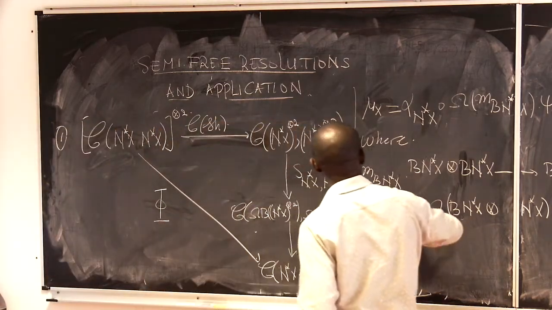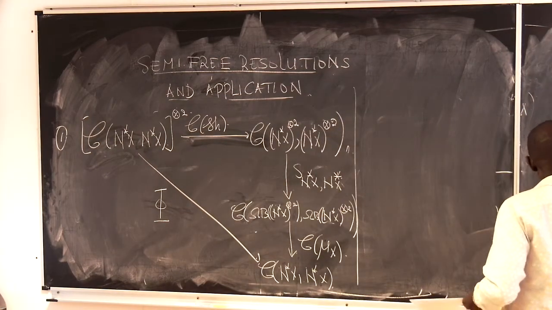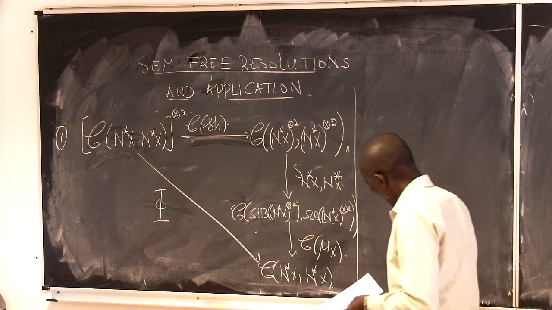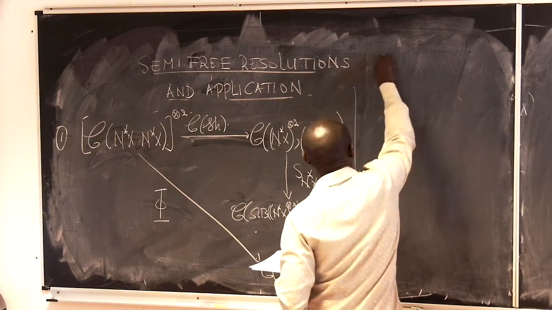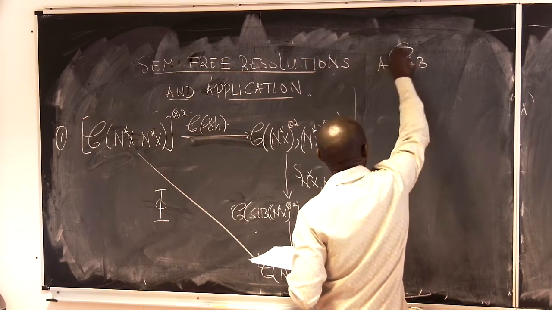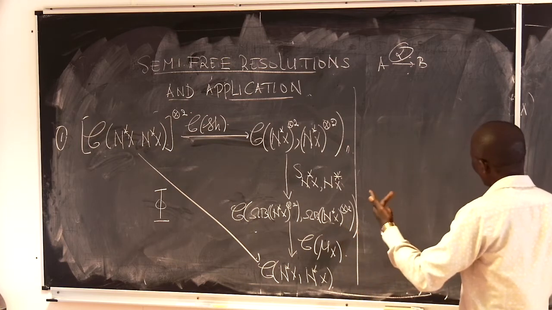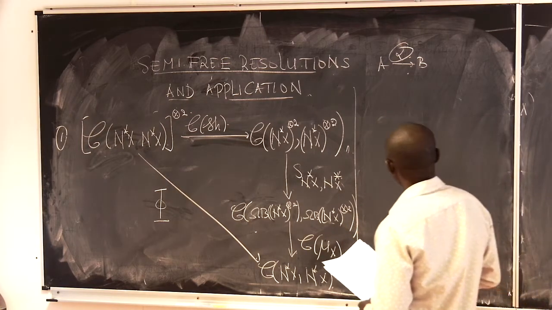Of course, this composite depends on the section. You know that when you have a surjective map alpha from A to B, this map can have more than one section.